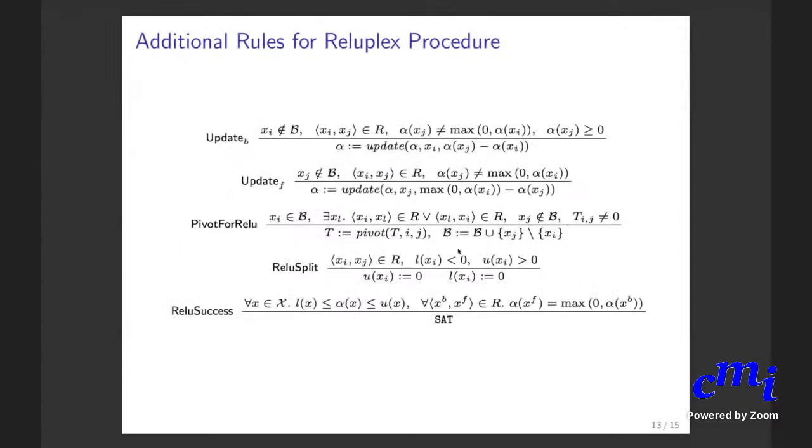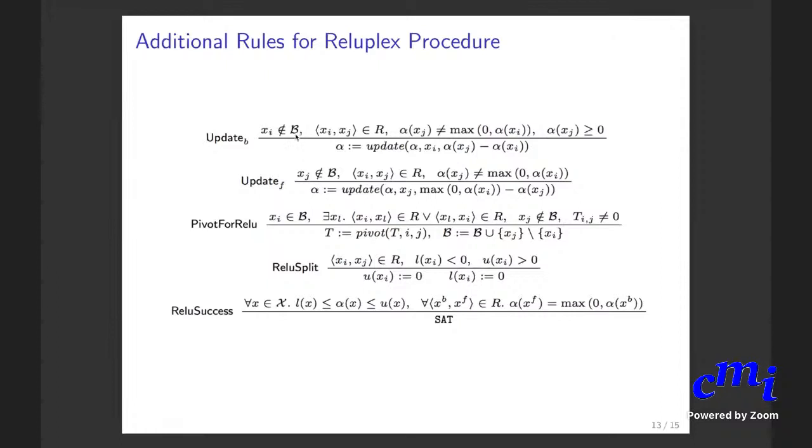So in addition to the simplex rules that I showed you, the Reluplex procedure has these four additional rules. The update B and update F are the rules that you would use for fixing broken ReLU pairs.